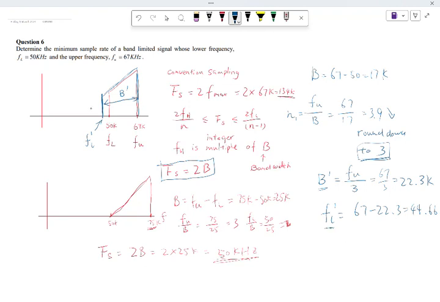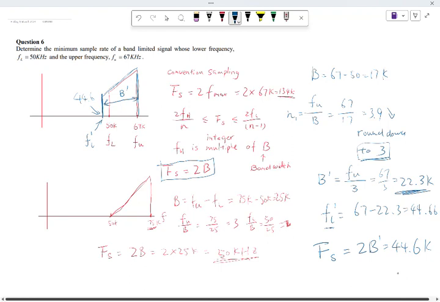So the new lower boundary is 44.6K instead of 50K. You make it lower, but you definitely cover all the useful information. Then, knowing the new bandwidth, we can find the sampling frequency, which is just double the bandwidth, double that value, 44.6K.